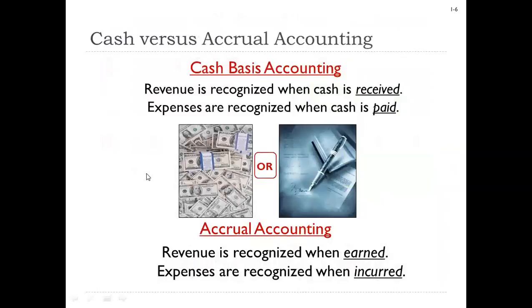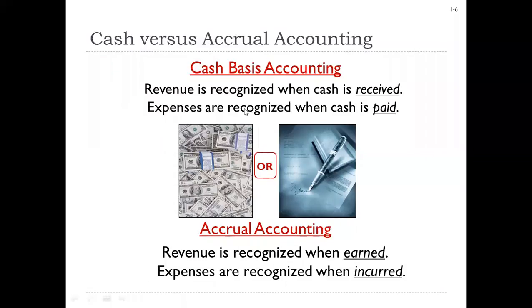A couple of different ways that we can do accounting, and those are called the cash basis of accounting and the accrual basis of accounting. Cash basis of accounting is you record revenues when cash is received. So cash comes in, that's when you record the revenue.